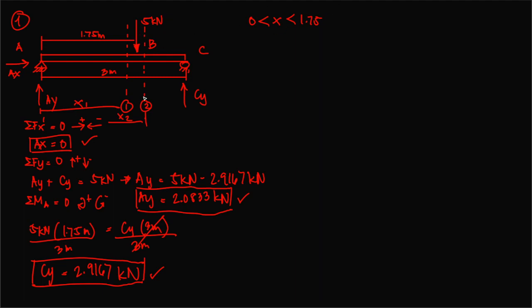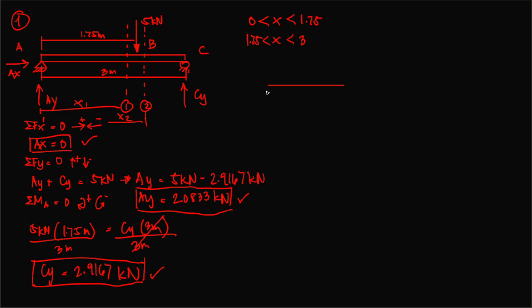And then the second cut will be greater than 1.75, but it is also less than 3 meters. And this is how we'll proceed to the next step, which is to draw a free body diagram for this and this.